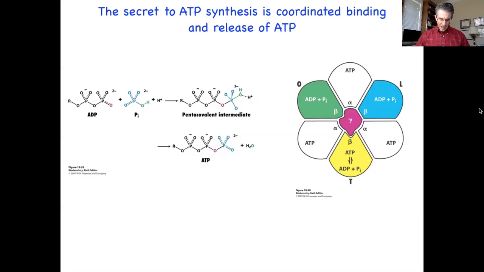And when it binds ATP as tightly or maybe a little more tightly than ADP and inorganic phosphate, that binding now equalizes the free energy between ATP and ADP, maybe even tips it, if you're making ATP, in the direction of being slightly more stable in the T conformation to have ATP there than ADP.